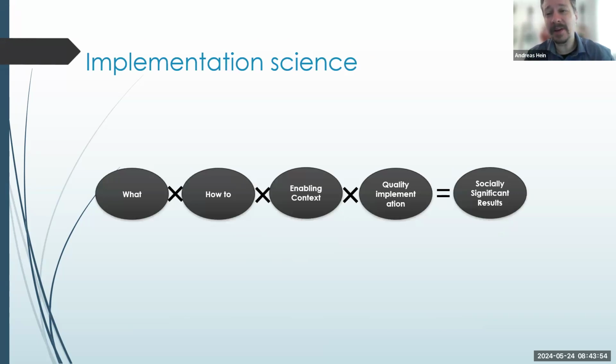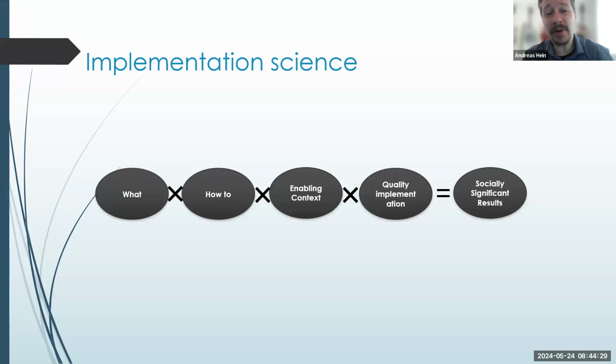This is a nice summary question: what kind of things do you need here? This is a famous equation from Fixsen and Blase. You need to know what to do, and this is what research will tell us. You need to increase protective factors, for example. How to do it? You need to be interactive. You need to roll out the intervention a certain way. These two cover what evidence-based intervention is all about: research about what and how we should deliver certain services to achieve our results.